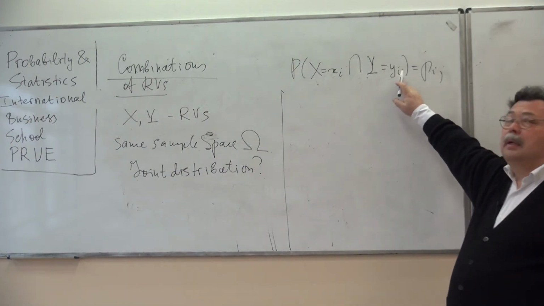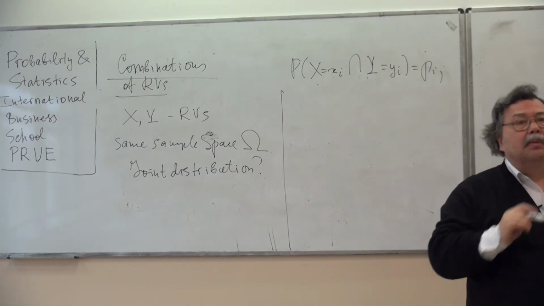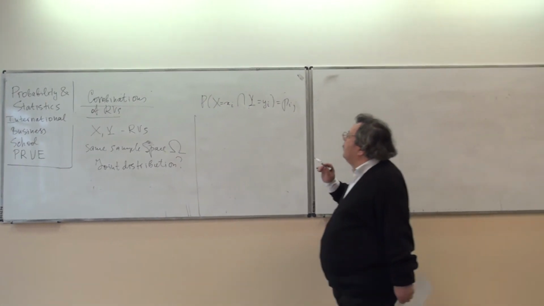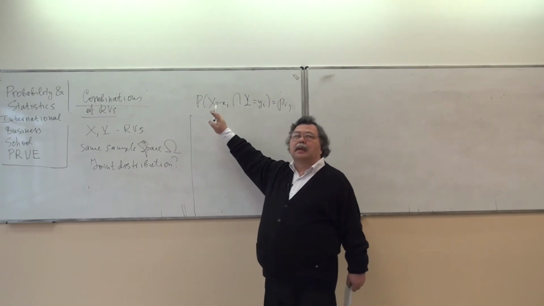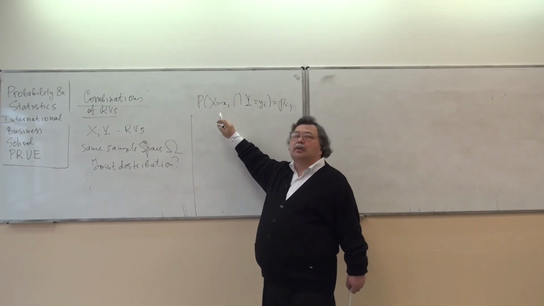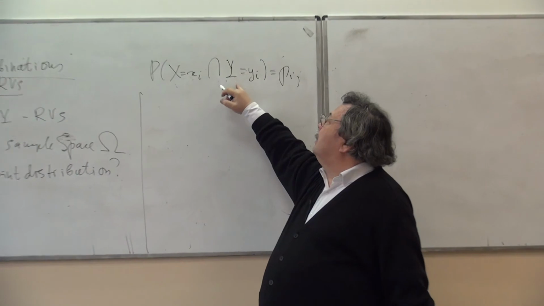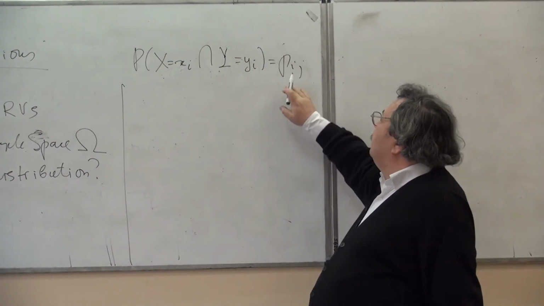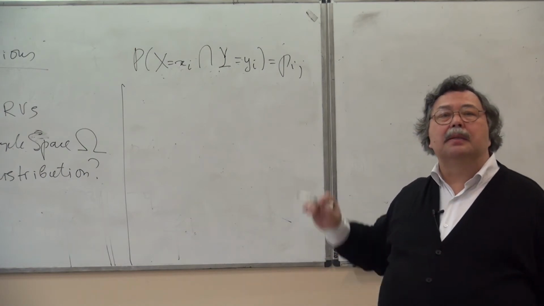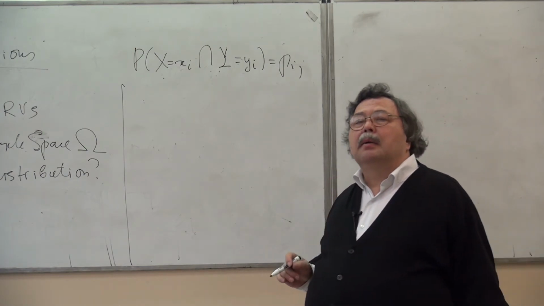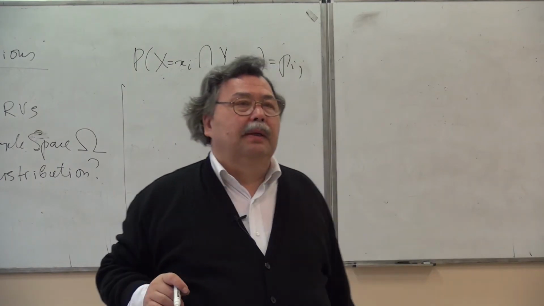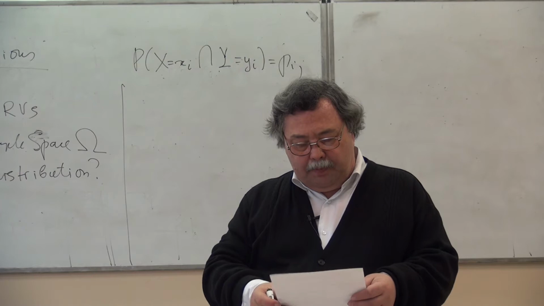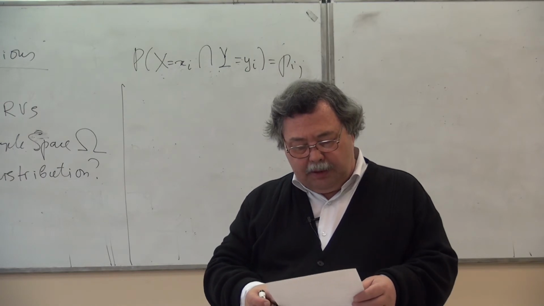And y sub j is a possible value of the random variable Y. What's written here is this: the probability that X takes on the value x sub i and Y takes on the value y sub j, which we denote by p sub i j. It looks simple enough, but a lot of derivations are made from this.